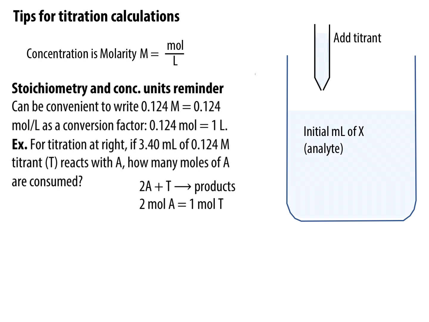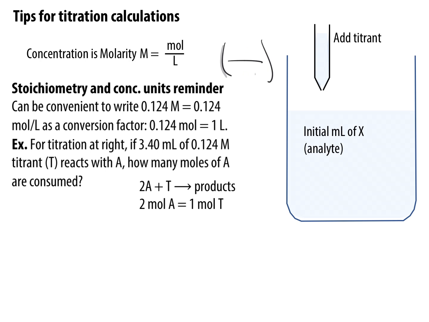But we can also use that as a conversion factor. So 0.124 moles is equal to 1 liter. And that way we can use it in a stoichiometry calculation in terms of, okay, we're going to put 0.124 moles maybe on top, 1 liter on the bottom, and convert to, say, moles or something like that.